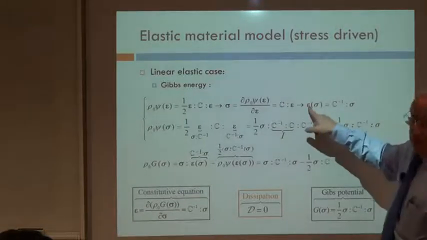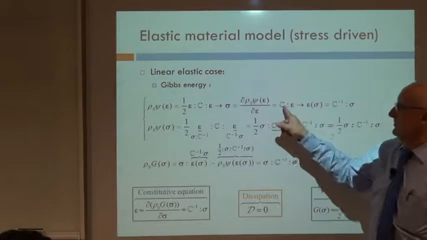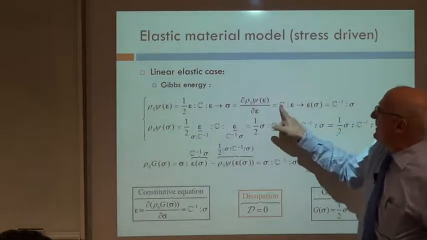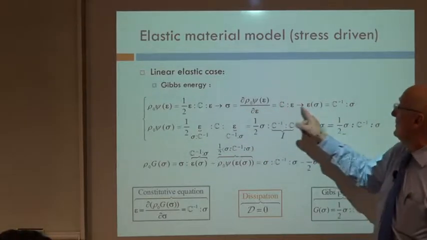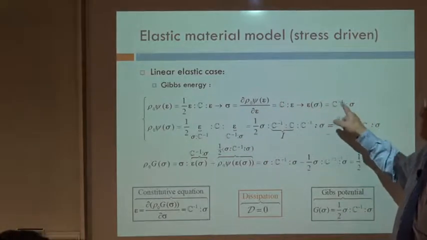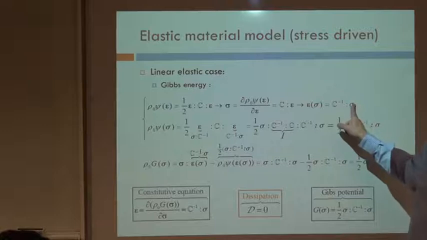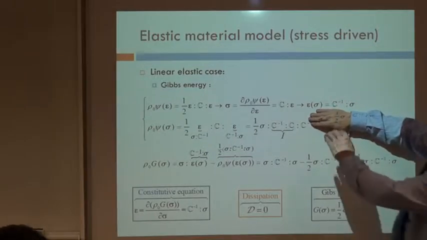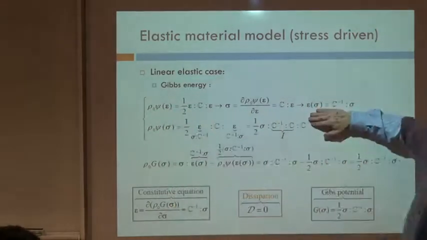And of course, that equation, eventually, if I need it, could be inverted by multiplying times C minus 1 every one of these sides, and I would attain the strains equal to C minus 1 times sigma. So that is the inverse constitutive equation obtained for a strain-driven material.